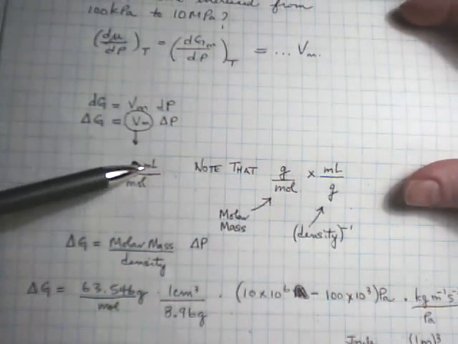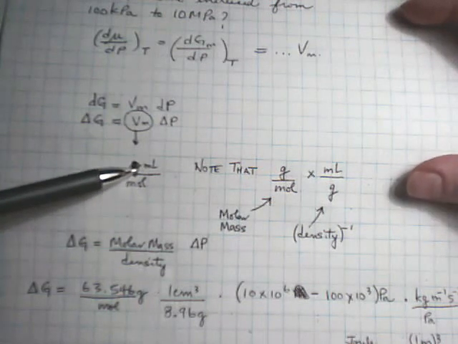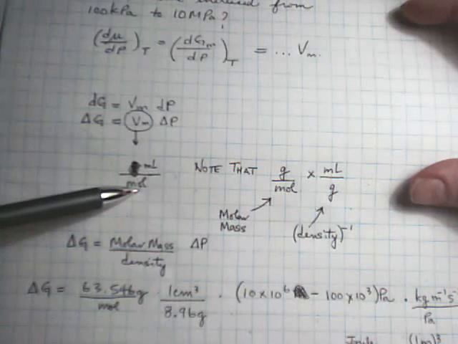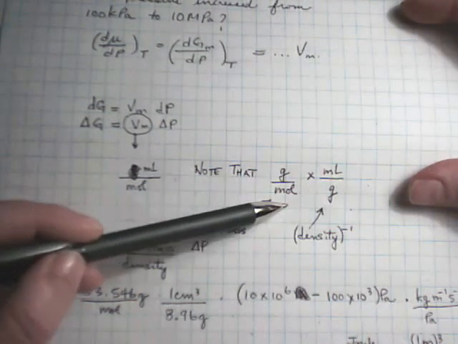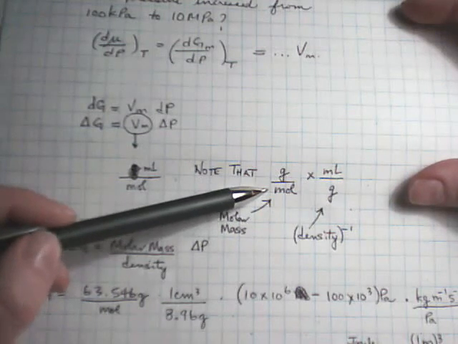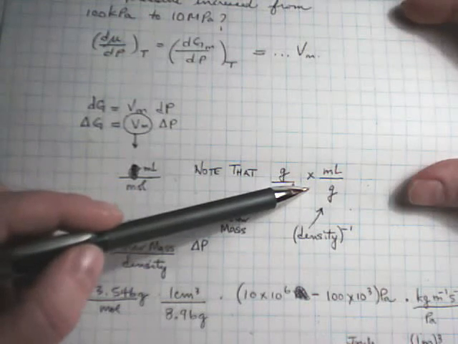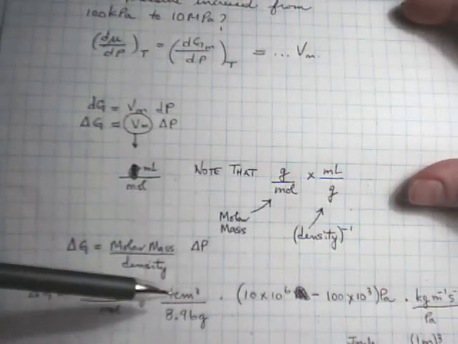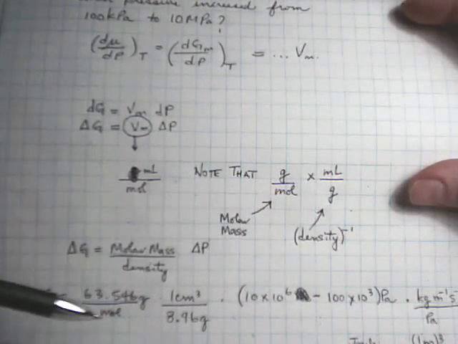Units of molar volume are milliliters per mole, or if you like, cubic centimeters per mole. Now, note that if I had a molar mass, grams per mole, which I do since it's copper, divided by the density, or multiplied by 1 over the density, that would give me units of volume per mole, which is a molar volume.